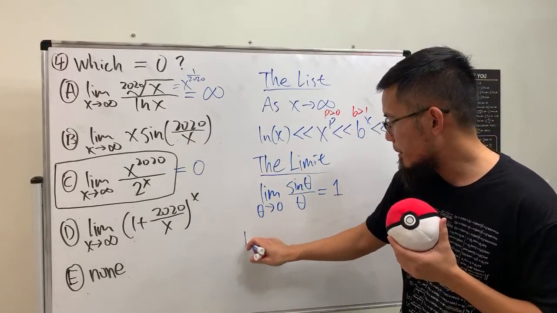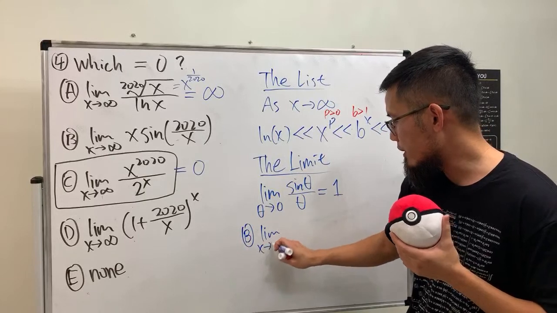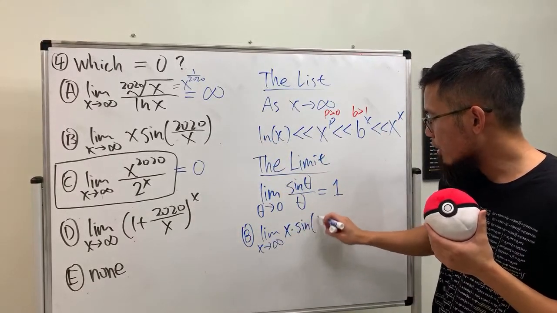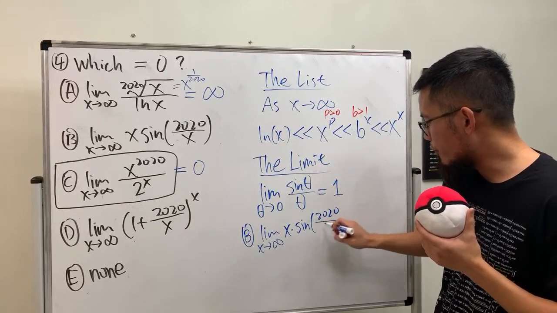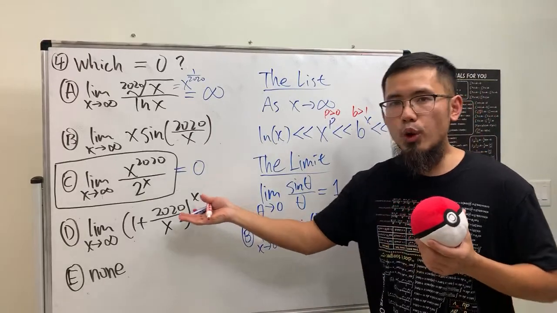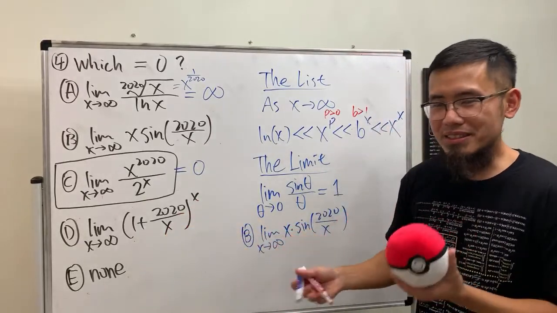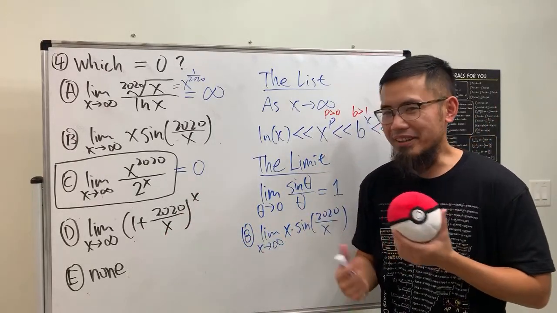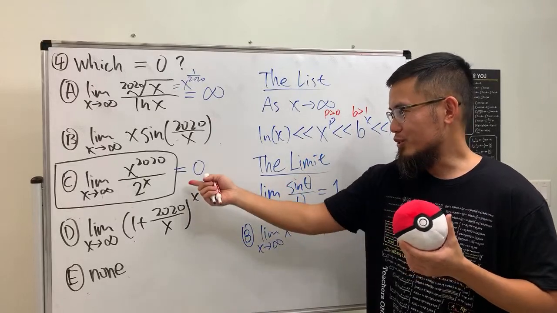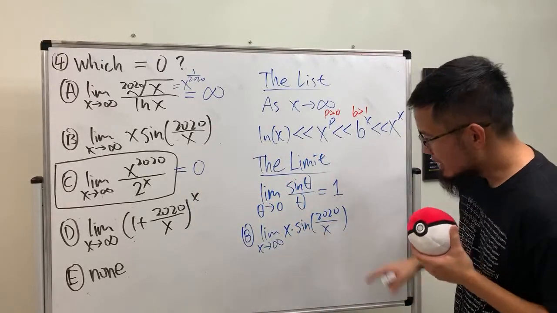If you look at b, which is the limit as x approaches infinity of x times sine of 2020 over x. By the way, on the exam, you are done already. You can just move on. But I'm going over the lessons to enhance your understanding, which is why I go over each and every other choice. Once you know the answer is C, just move on. Anyway, how do we solve this?